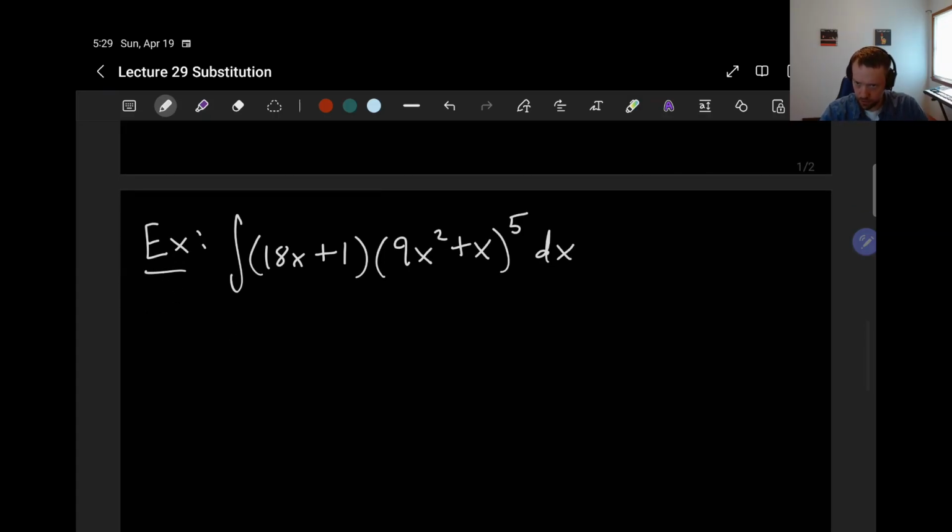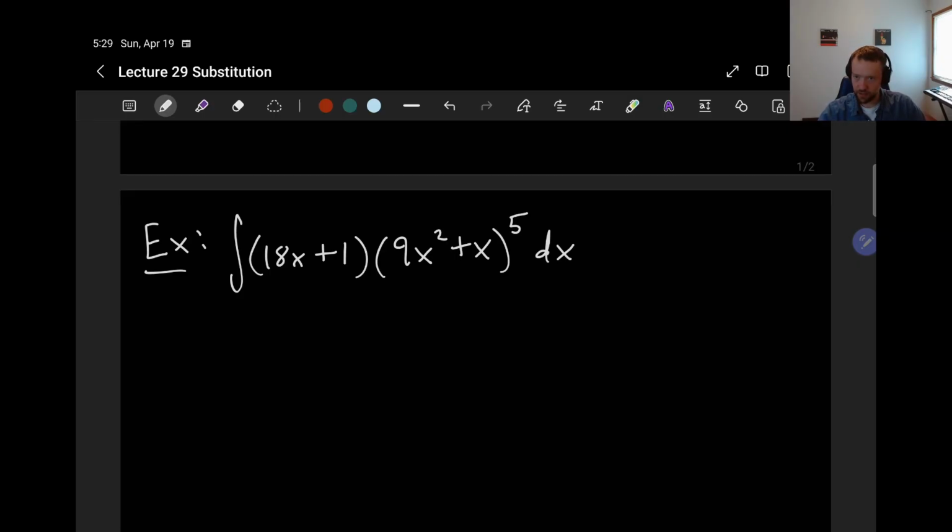Now, in theory, you could technically multiply this out and then multiply by 18x plus 1. Then you would have a polynomial, and you could take its antiderivative that way. It's just that's not a very practical approach, multiplying this out 5 times.